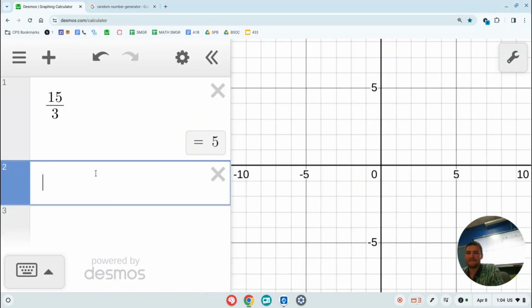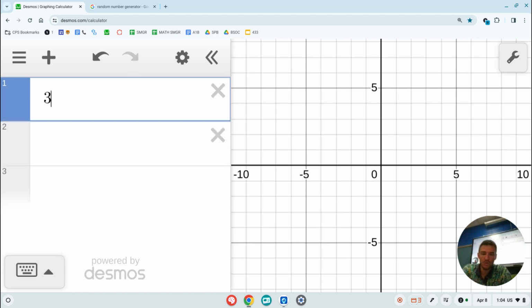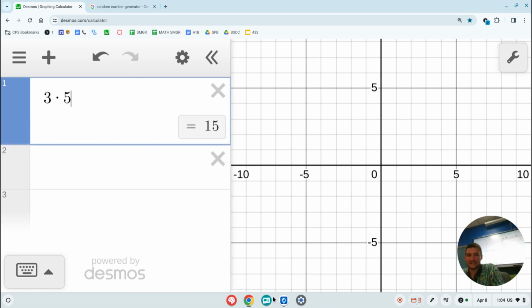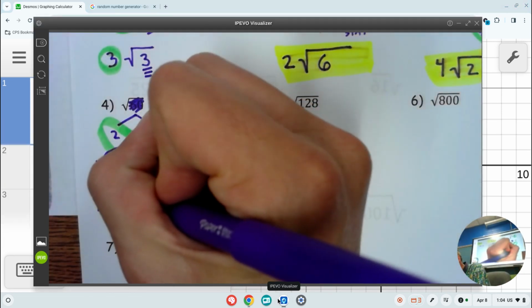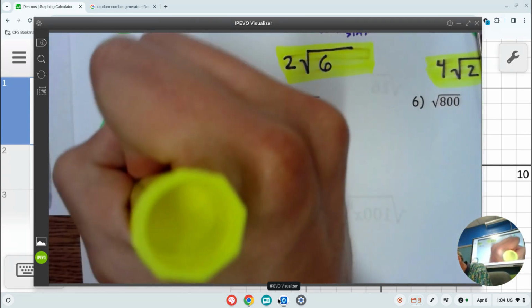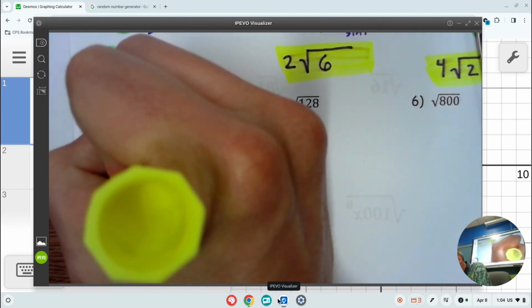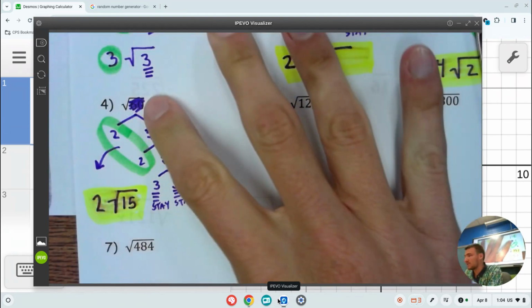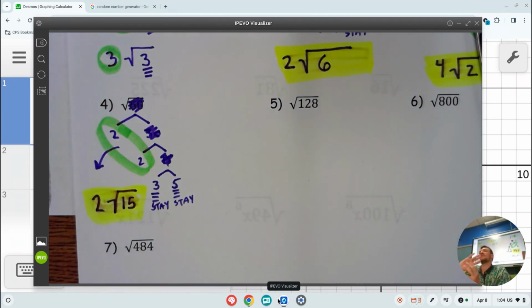And 3 and 5 multiply to make 15. So it's going to be a 15 on the inside. That is the final answer. So first, break it down, circle your pairs. The pairs go outside, the leftovers stay inside.